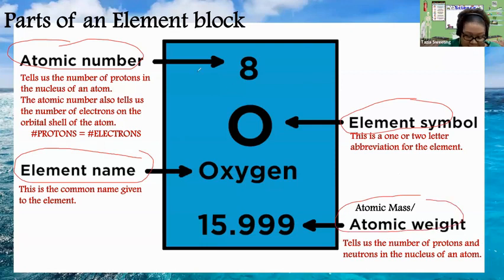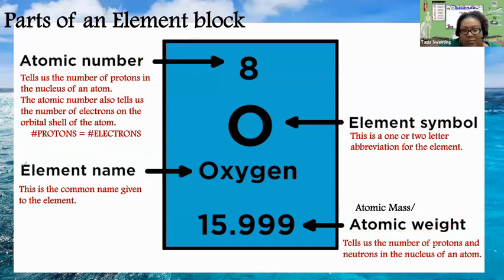Each of these things has a meaning and an importance to the element. This atomic number is very important. It tells us how many protons there are in the atom of oxygen.